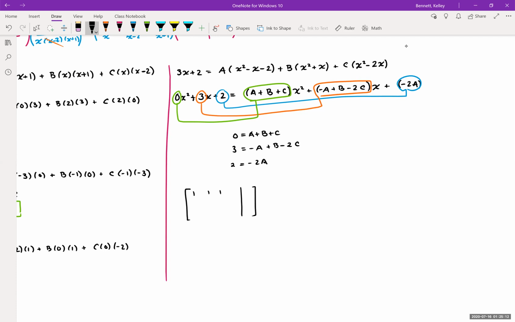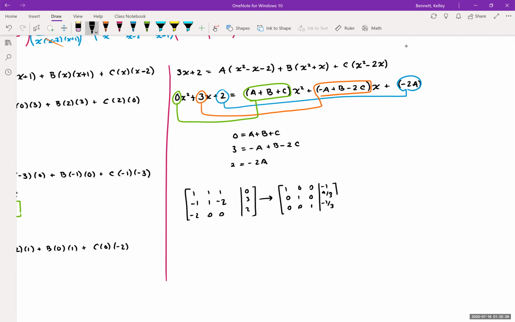So 1, 1, 1, 0, minus 1, 1, minus 2, 3, and negative 2, 0, 0, 2. So if you put this into reduced row echelon form, then what happens is you will get negative 1, 4/3, and negative 1/3.